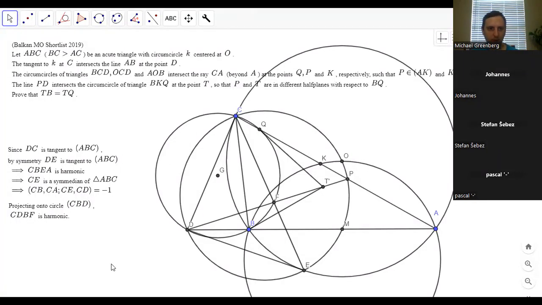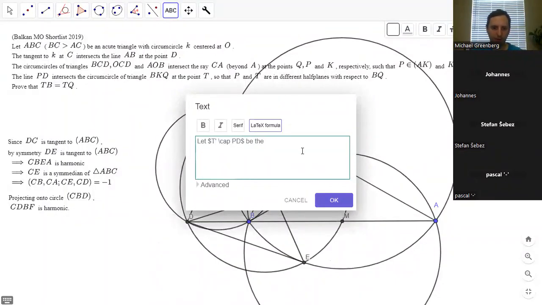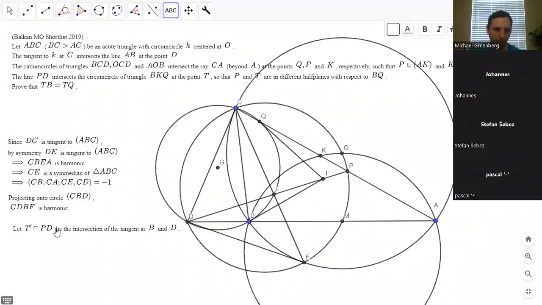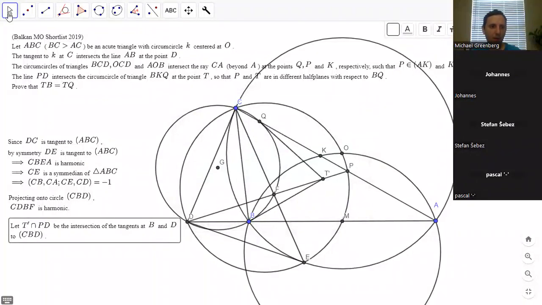So if that's harmonic, let P prime on PD be the intersection of the tangents at D and B. Let's think.